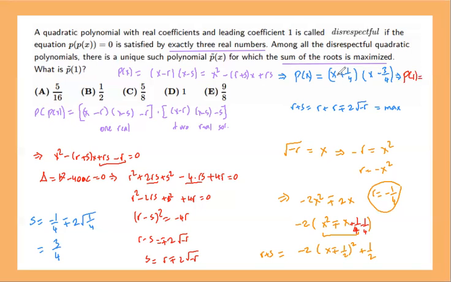So if you plug in 1, that should be 5/4, and then 1 minus 3/4 will be 1/4. So 5/16. Again, this is one of the solutions that I can come up with. You may try something else, but for number 25, this wasn't too bad. I hope that makes sense.